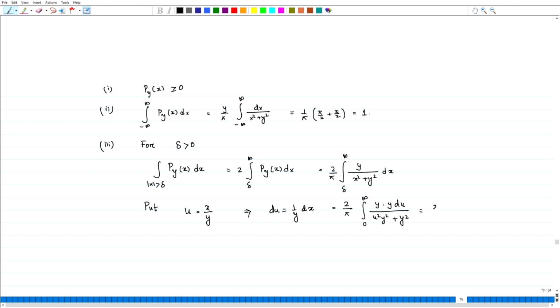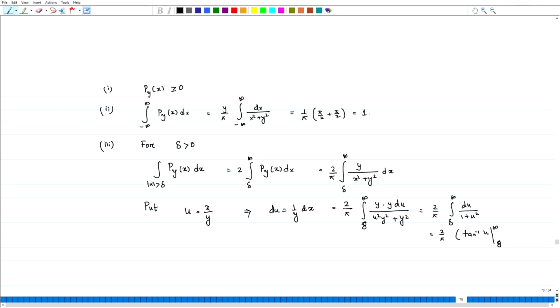So, this is equal to 2 by pi, integral from delta to infinity du by 1 plus u square, which is equal to 2 by pi tan inverse of u, from delta to infinity.